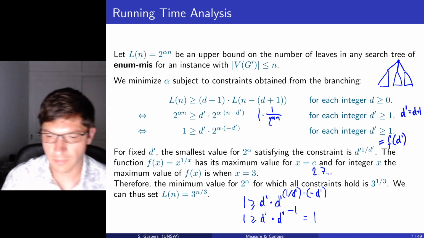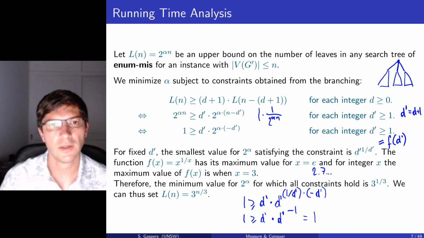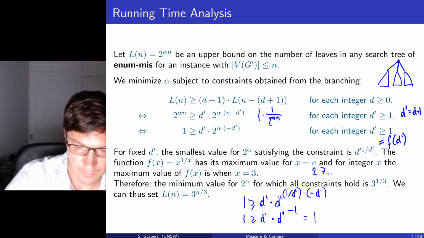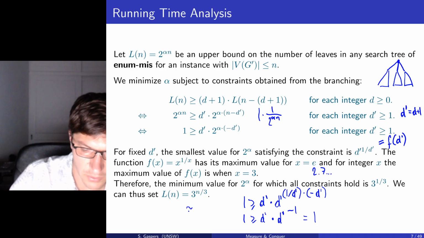So what have we done now? We have upper bounded the number of leaves in any search tree of the algorithm by 3 to the n thirds. And this is more or less 1.44 something to the power n.